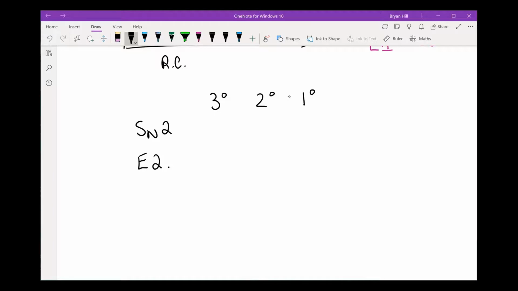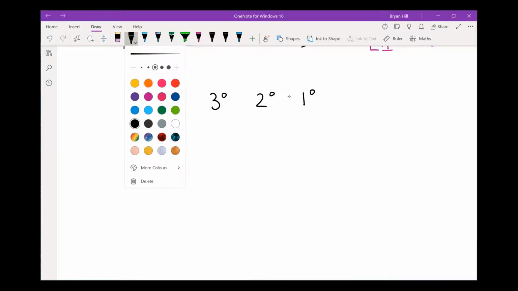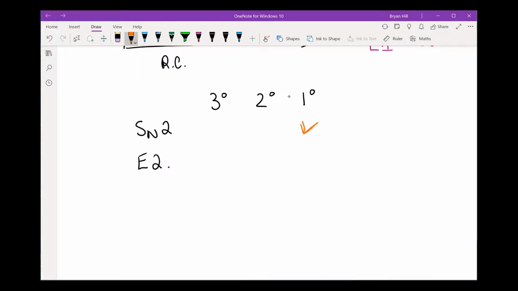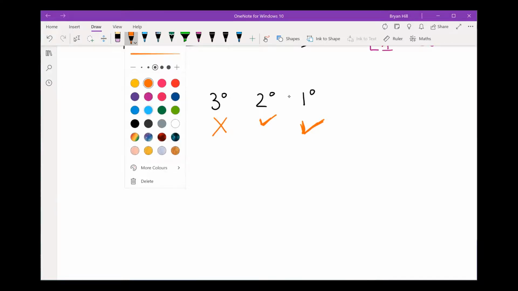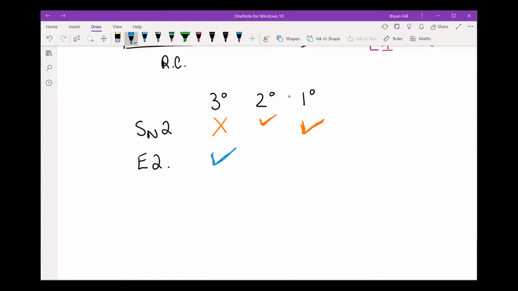So remember with SN2 reactions, they worked super well with primary, and they were not so bad with secondary, and they couldn't work at all with tertiary. Now, the big difference is that E2 elimination reactions can happen very well under all of these conditions.